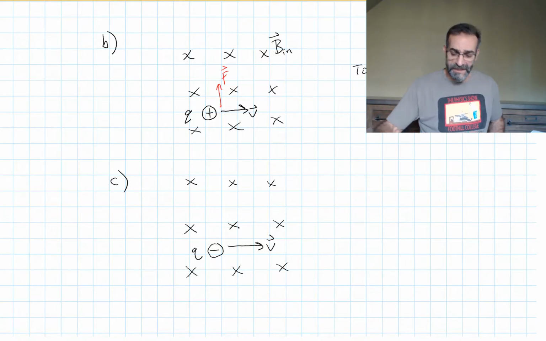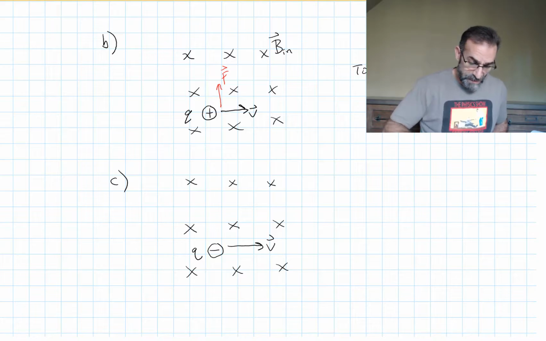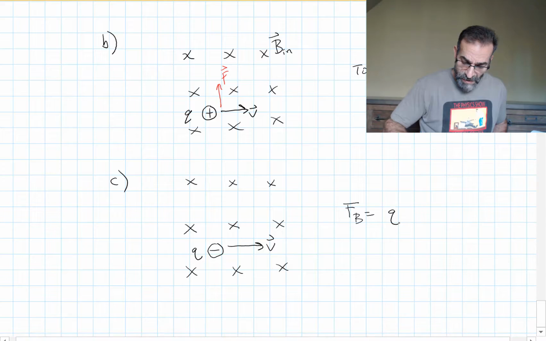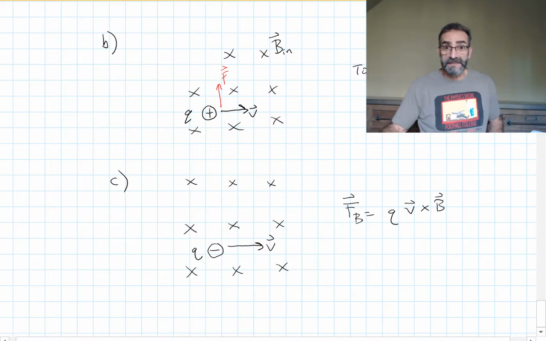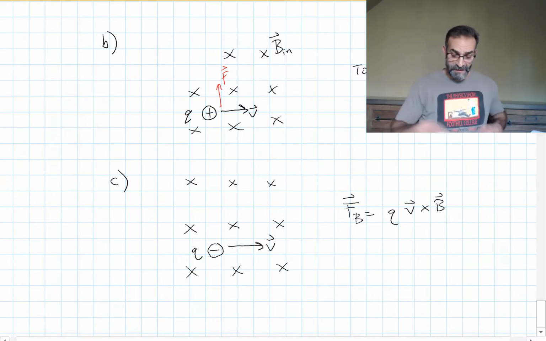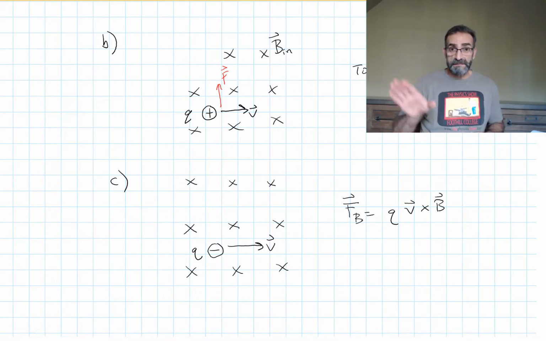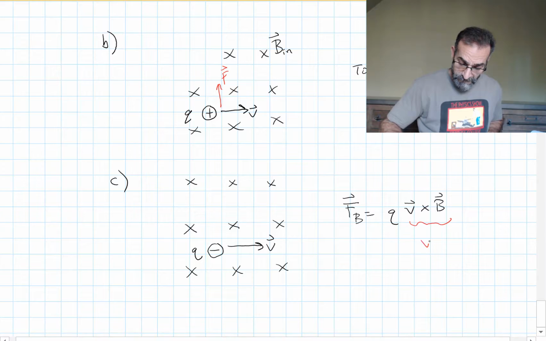Let's look at the equation. Our magnetic force is Q V cross B. What's the direction of V cross B in this case? V is to the right, B is into the page, so V cross B points toward the top of the page.